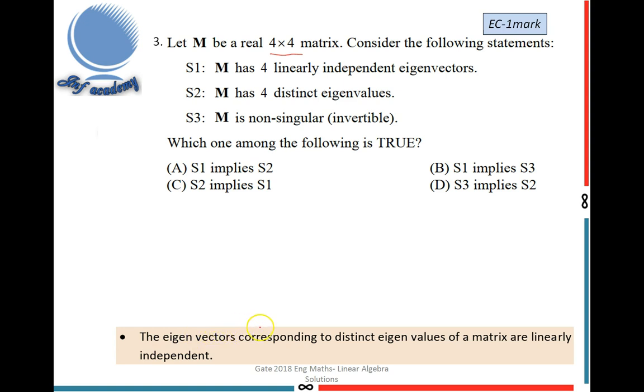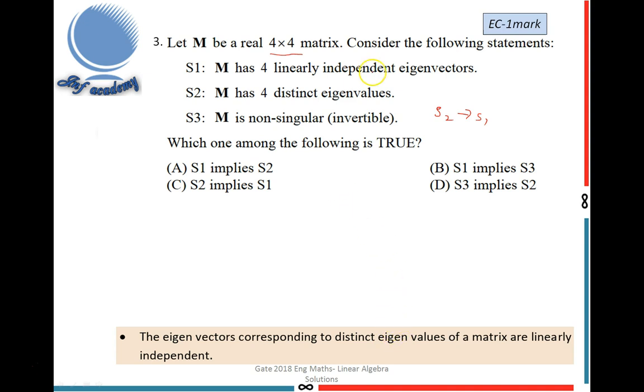So S2 implies S1, because if M has 4 distinct eigenvalues, then M has 4 linearly independent eigenvectors.